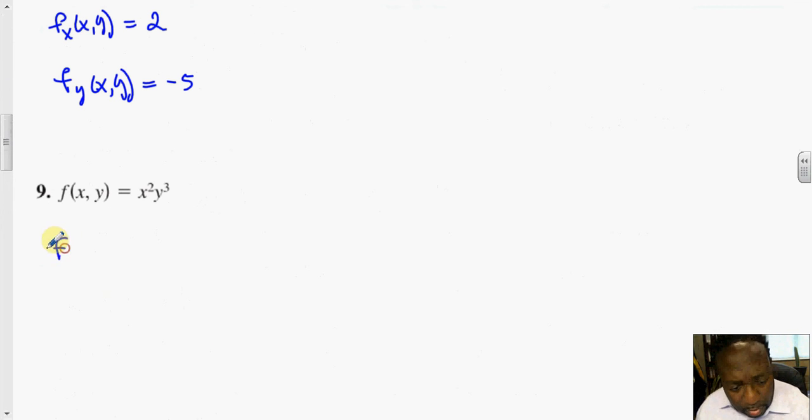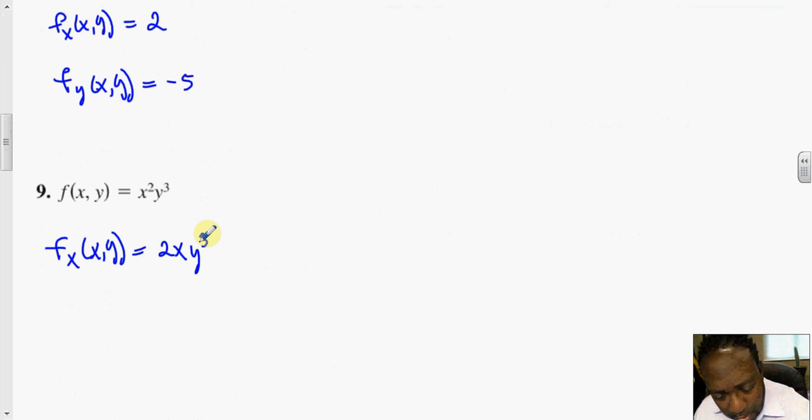The next one, the partial derivative of f with respect to x. Here, the y cubed is treated as a coefficient. So we take the derivative of x squared, we just get 2x times its coefficient, y cubed. The partial derivative of f with respect to y is 3 times, x squared is a coefficient, times y squared.